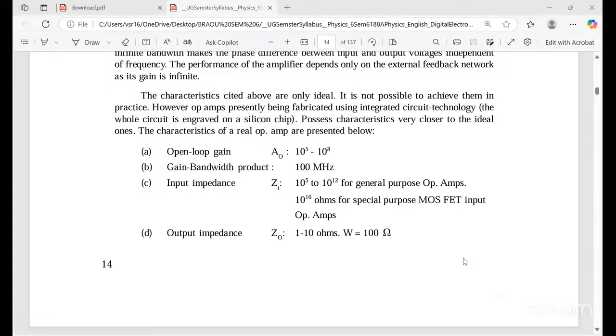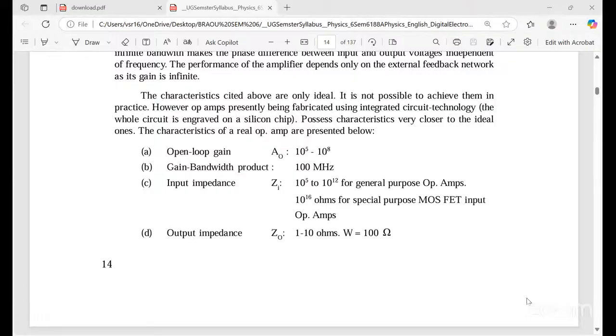The gain bandwidth product is 100 megahertz. Input impedance Zi is 10 power 5 to 10 power 12, and 10 power 16 ohms for special purpose MOSFET input op amps, metal oxide semiconductor field effect transistor.